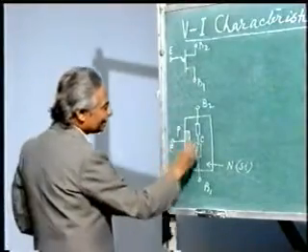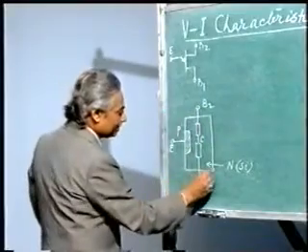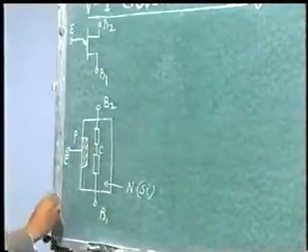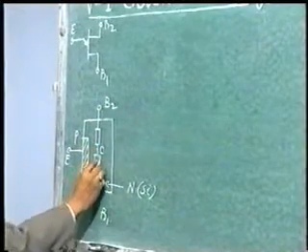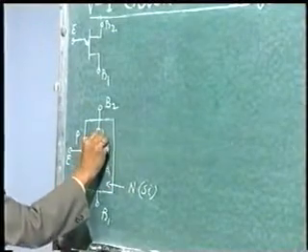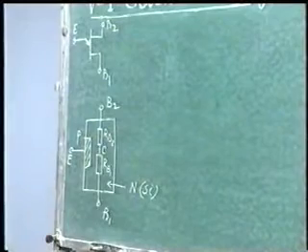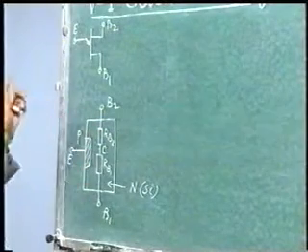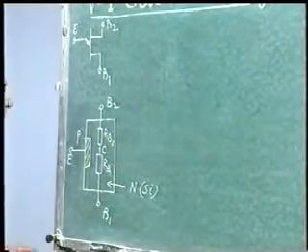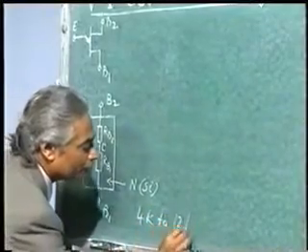Now, it is clearly indicated from the construction that this base, which is of n material, is divided into two zones. This is zone 1 having a resistance of say RB1, this is zone 2 having a resistance of RB2. Since it is a semiconductor silicon material, it will have very high resistivity, and its resistance is usually from 4K to about 12K.